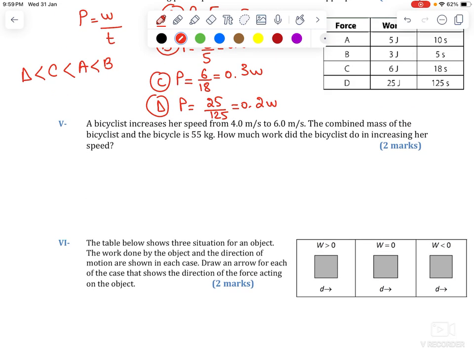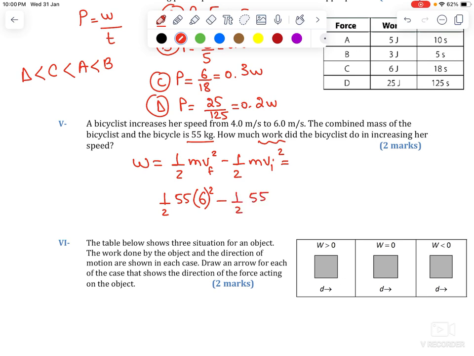Number 5, I have a bicyclist that increases her speed from 4 to 6, and given the mass is 55, I need to find the work. The work is the final kinetic energy minus the initial kinetic energy, which will give me half times 55 multiplied by 6 squared minus half times 55 as well multiplied by 4 squared.